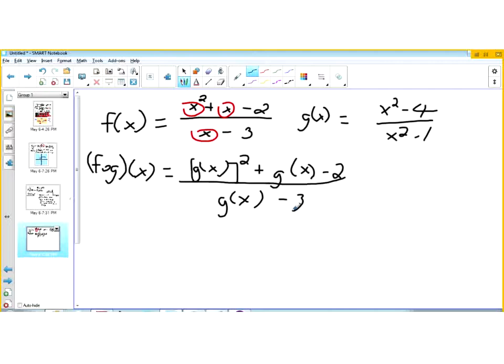Of course we'll have to simplify that, and I'll do that in just a second. But before we proceed, let's talk about the domain of the composition.